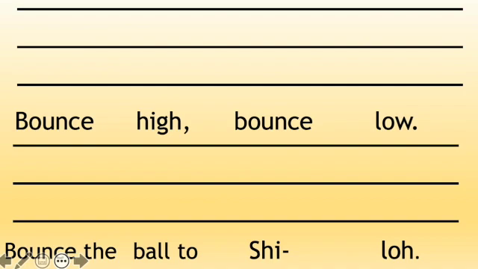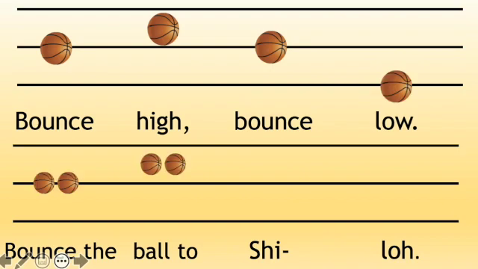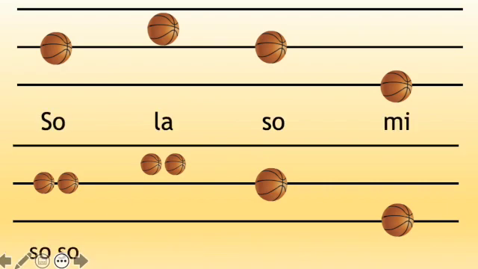Maybe it would be easier to see here. Bounce high, bounce low, bounce the ball to Shiloh. Or I can change my lyrics for those syllables. So, la, so, mi.